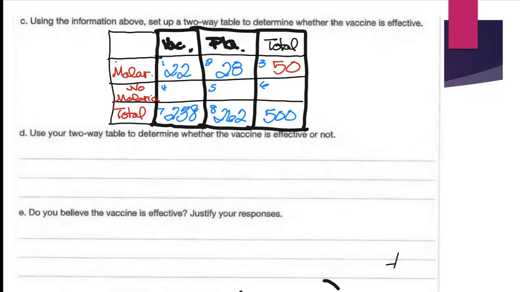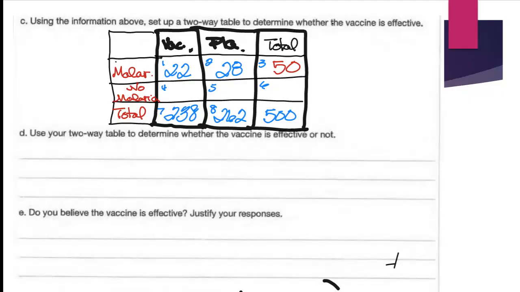Now, take a look at the vaccinated column. In the vaccinated column, you have cell 1, 22, we don't have cell 4, but I do have cell 7. How could I find the number for cell 4? If cell 7 is total, how could I find the number I need for cell 4?